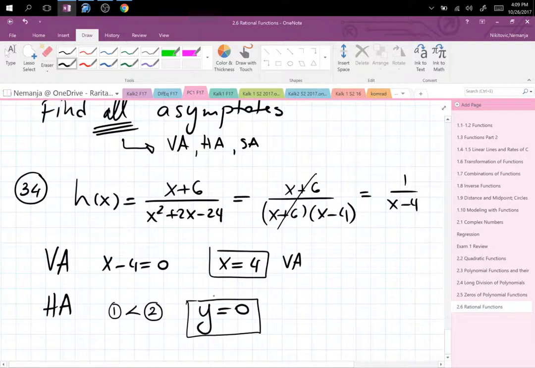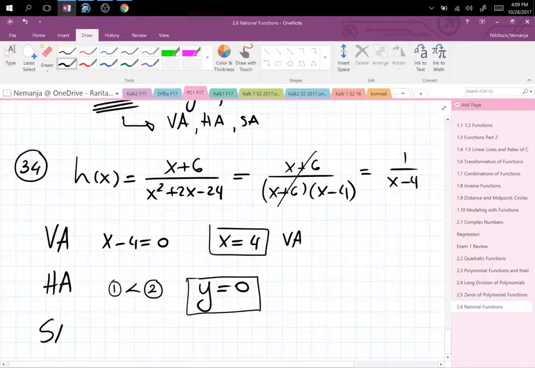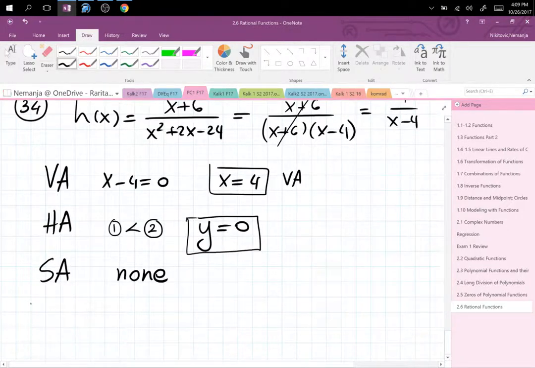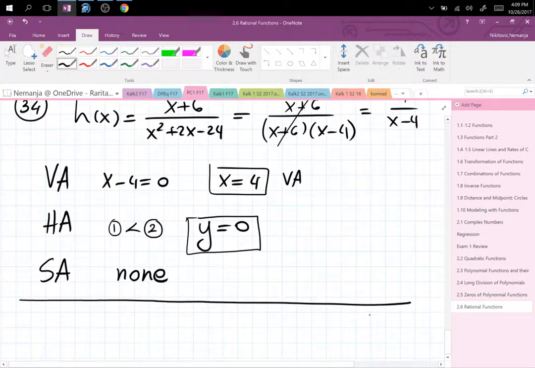If we have a horizontal asymptote, can we have a slant asymptote? No. They are mutually exclusive. If you have one, you can't have the other. We do have a horizontal asymptote at 0. All right, one more quick example, and we are going to move on with our lives.